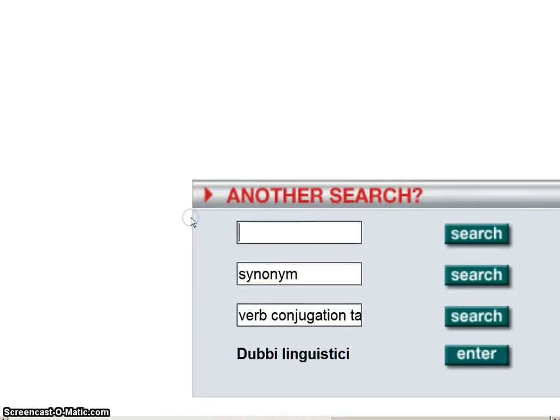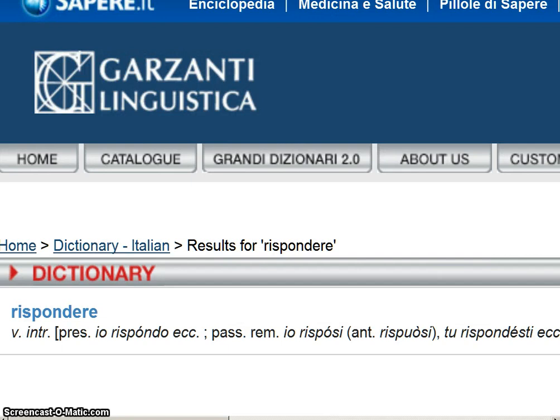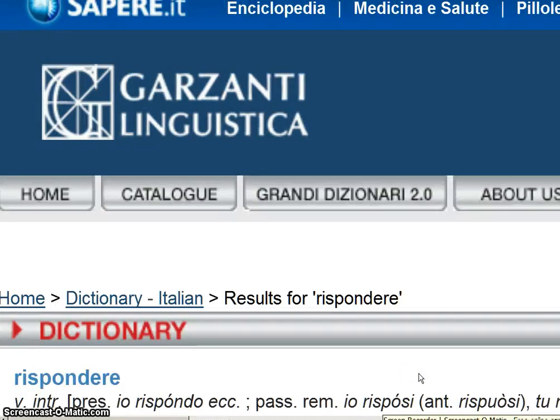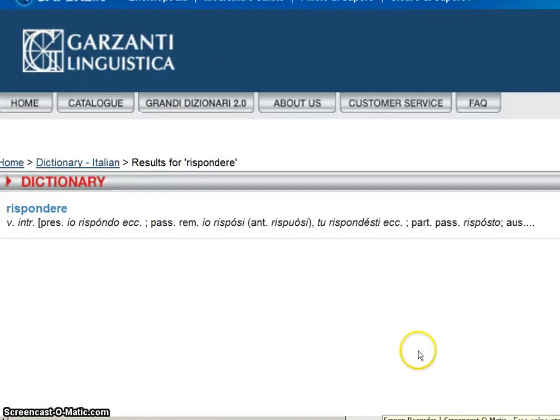We put rispondere, and it will give us, I'll shrink it, participio passato risposto. Again, you see the diacritic, the little accent mark, risposto.